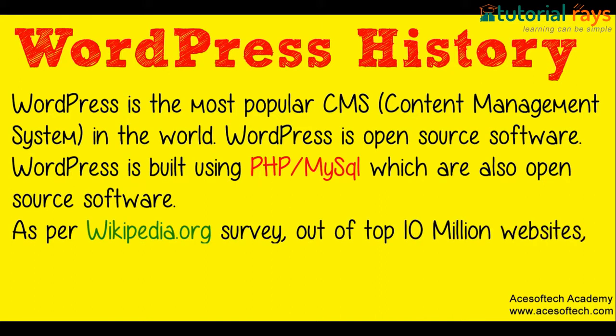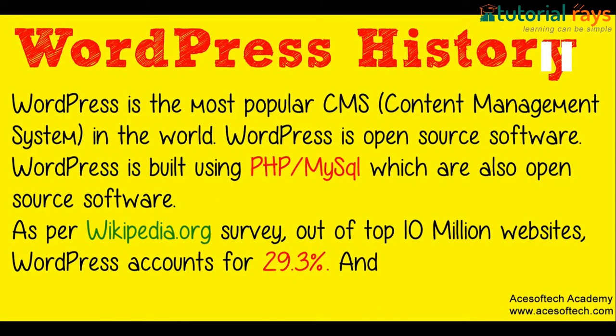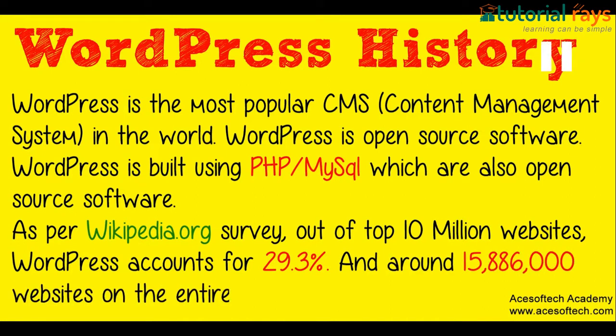As per Wikipedia.org survey, out of the top 10 million websites, WordPress accounts for 29.3%, which is really a big share. And around 15 lakh 8,086 websites on the entire web use WordPress.